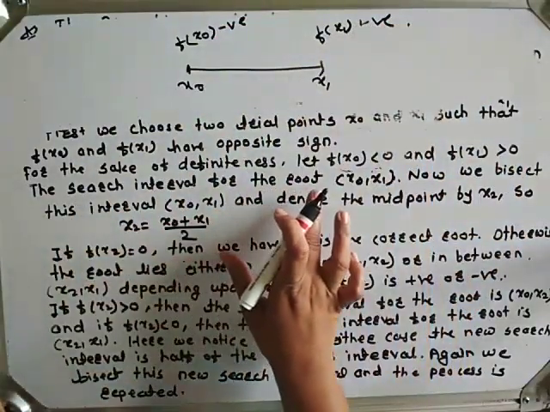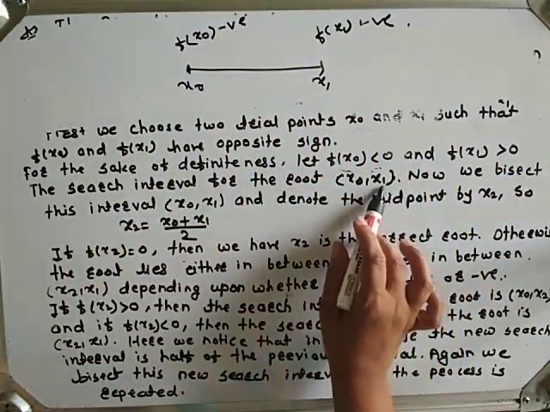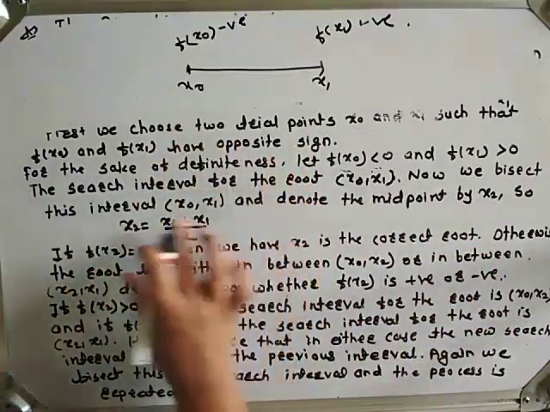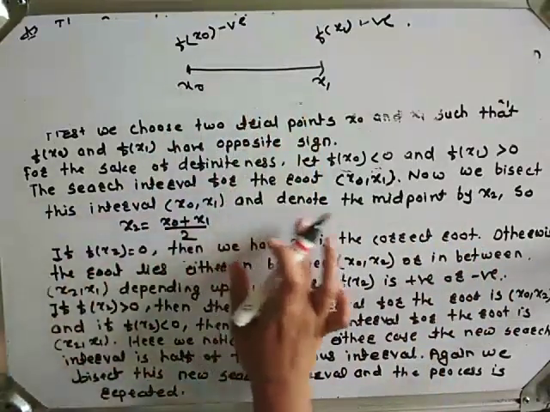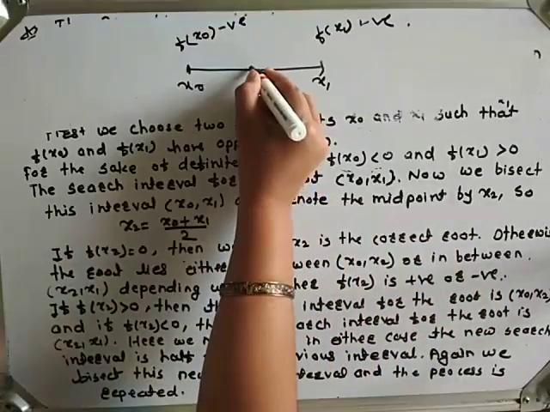Then the search interval for the root is x0, x1. Now we bisect this interval and denote the midpoint by x2.